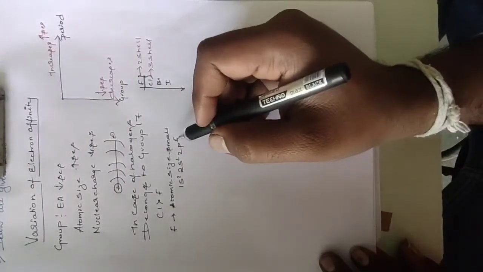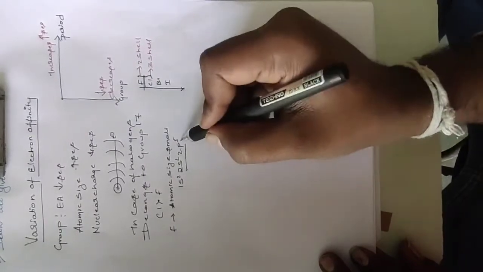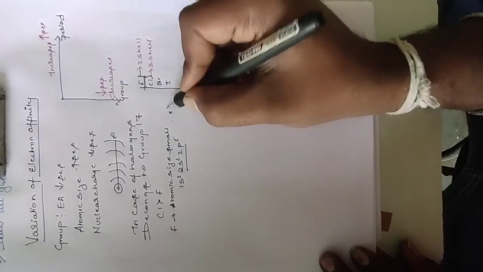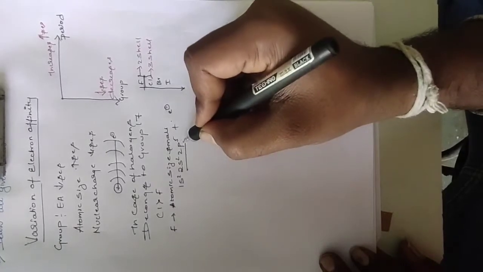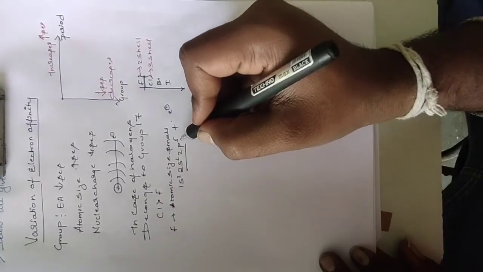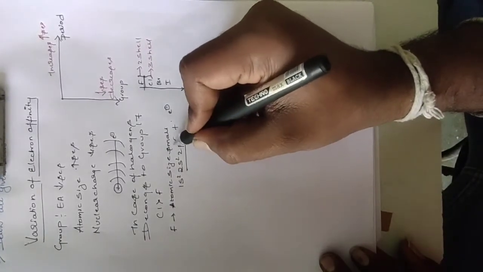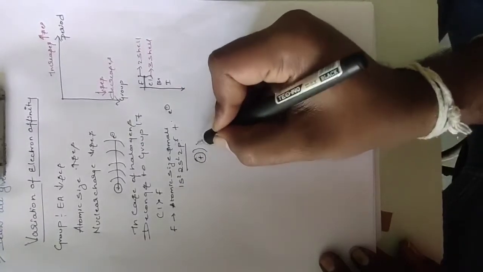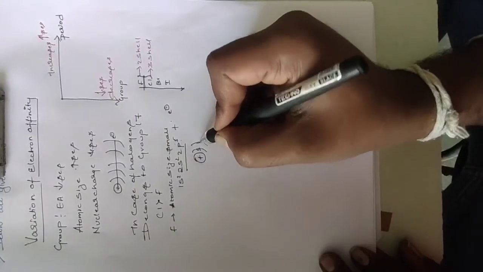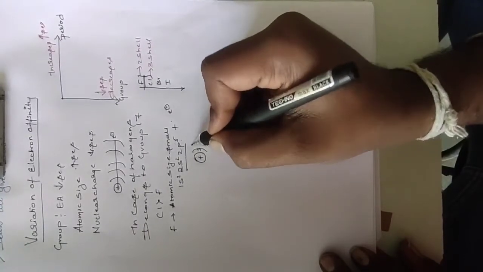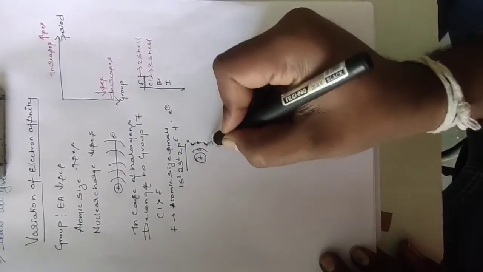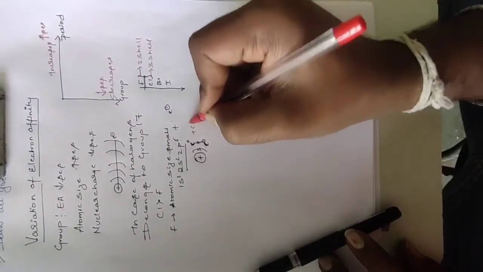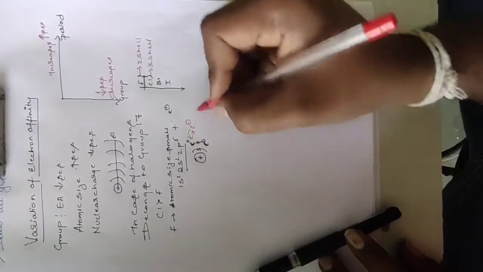Already I told you that if an electron is added to this group, F, what happens? The electron is added to the p orbital, where electrons are already present.